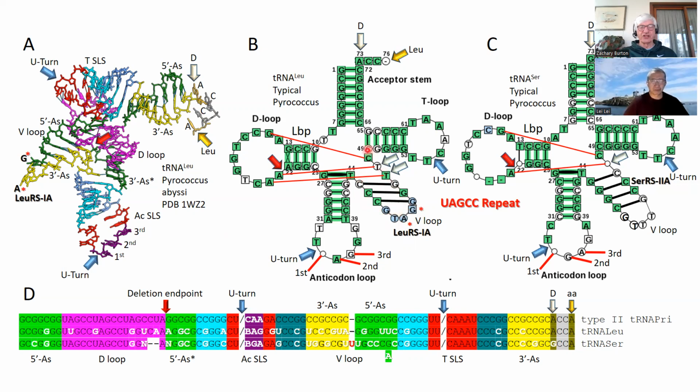The length is 14, as indicated down there. LURS has to interact with these two bases to put leucine there. But LURS can't interact with two U's on this loop, and it can't reach those two U's because the attitude of this stem loop stem is different from the attitude of this stem loop stem.